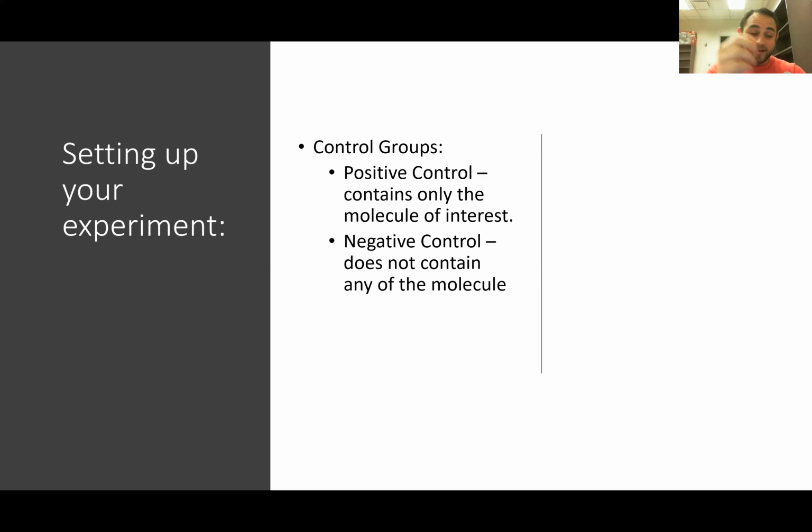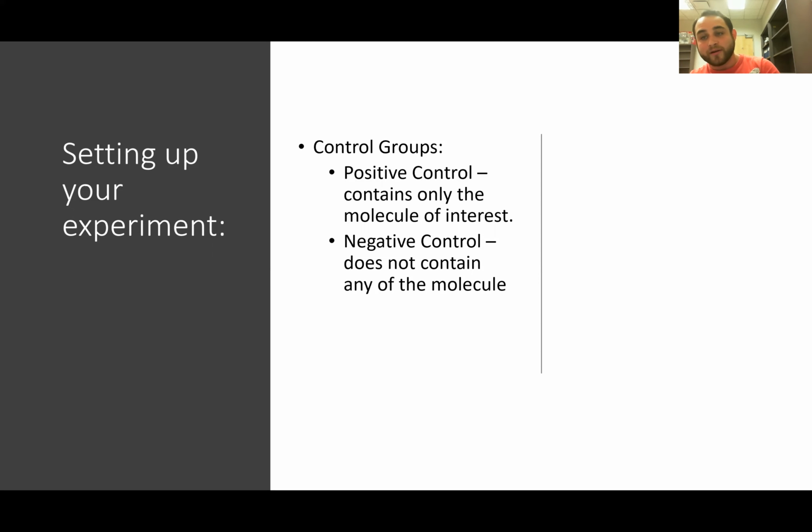Or vice versa, if I put the iodine on the potato and it doesn't turn black, something's wrong again with the iodine we're using. So again, a control group is something that we do to make sure that the things we're working with are effective and are working properly. Positive control is the thing I know will react positively, and the negative control is the one I know will not have any reaction whatsoever.